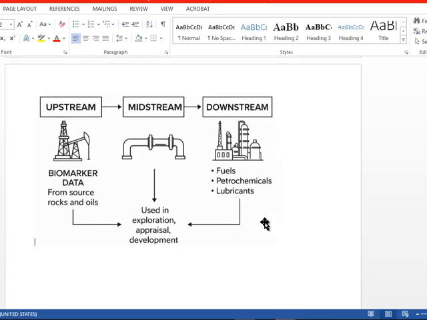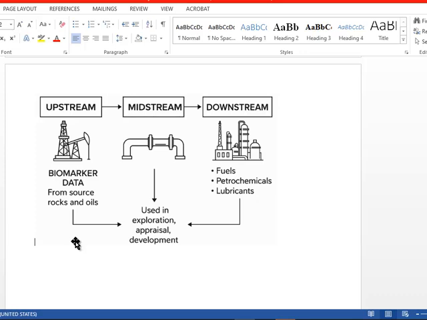Upstream, that is where you have the crude oil taken from the ground, right? Midstream, there you have all the pipelines, the movement of the oil from wherever it is drilled to the refinery. So that's the major thing about the midstream.